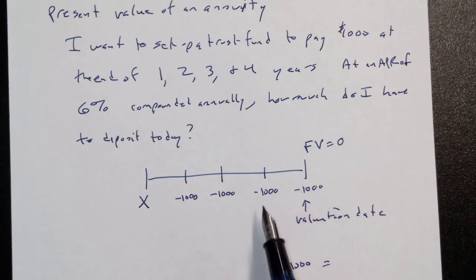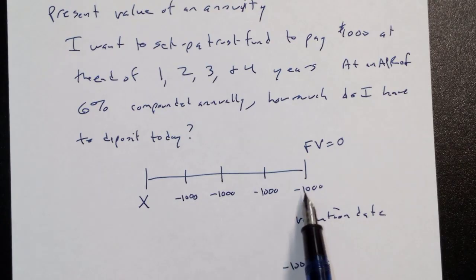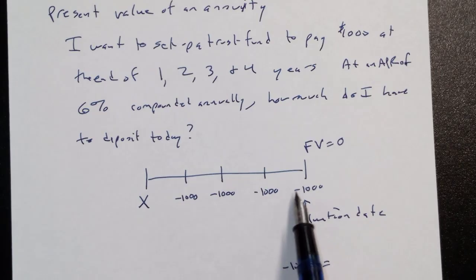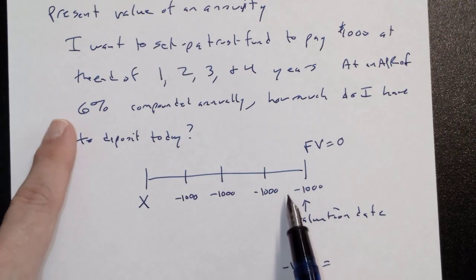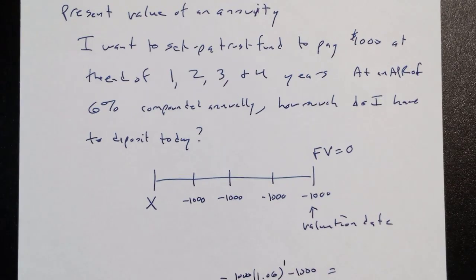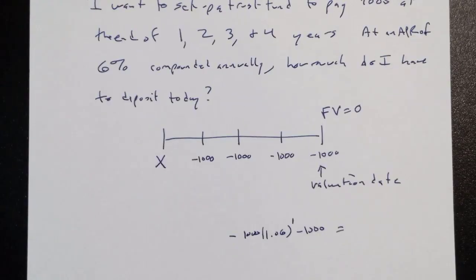This one doesn't earn anything. How much will this have earned when I bring it forward? What's the time gap from here to here? That's the amount, but let's do it as interest. That'll be 1 year's worth of interest, right? So that's 1.06 to the 1 times 1,000. And it's negative because I'm paying it out.